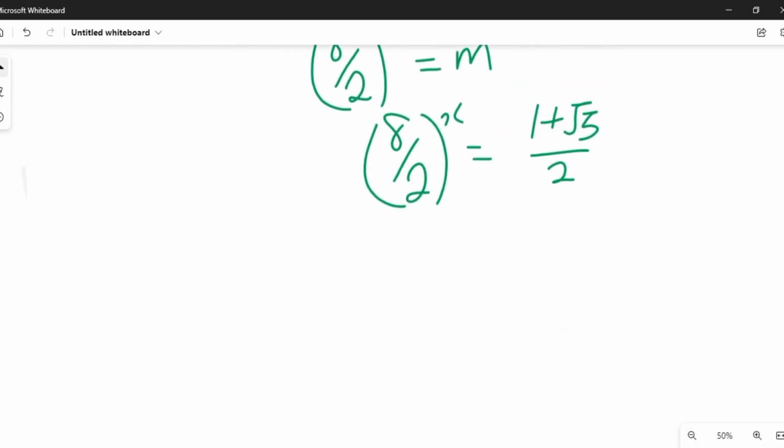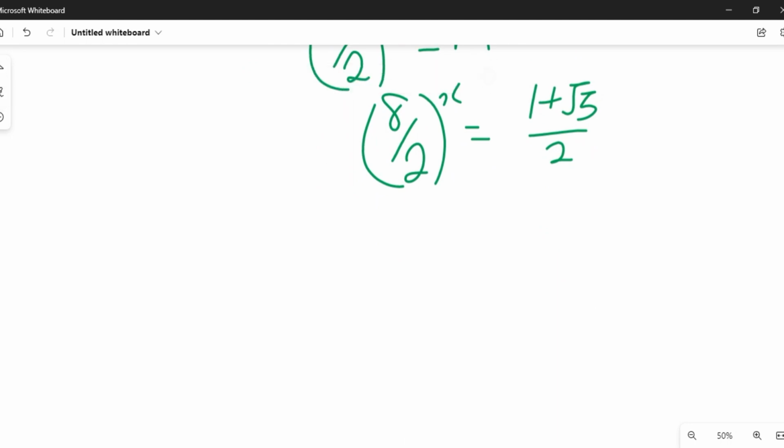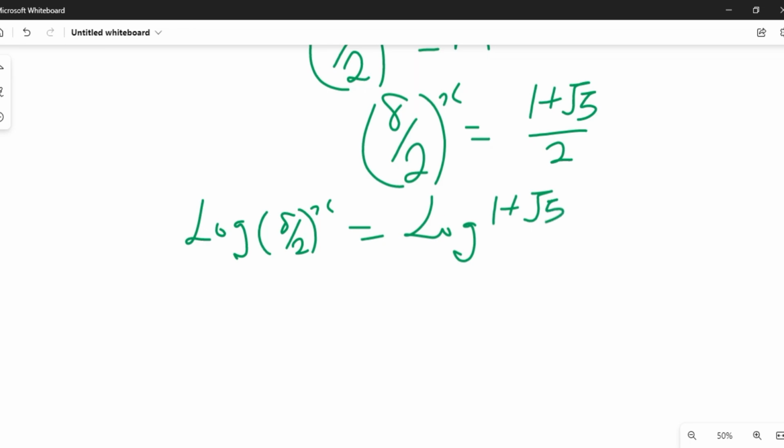To solve this, we are going to take the logarithm of both sides. So we'll have log of (8 over 2)^x equal to log of (1 plus root 5) over 2.